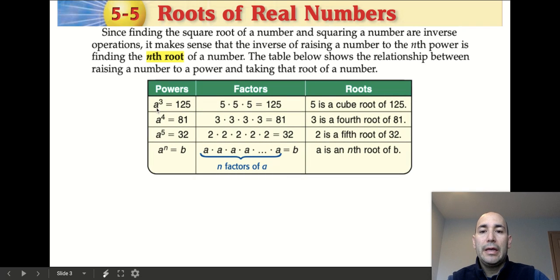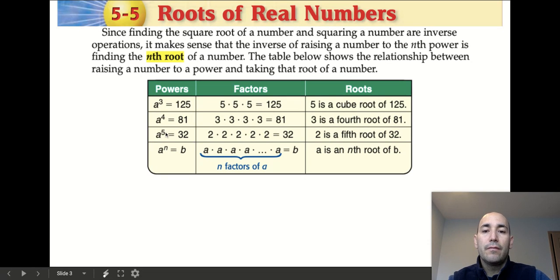For example, if a to the third power equals 125, I know that 5 times 5 times 5 equals 125, so 5 is the cube root of 125. Or if a to the fourth power equals 81, I know that 3 times 3 times 3 times 3 equals 81, so 3 is the fourth root of 81, because 3 to the fourth power is 81.